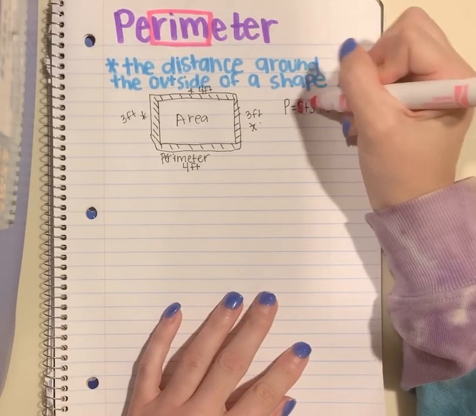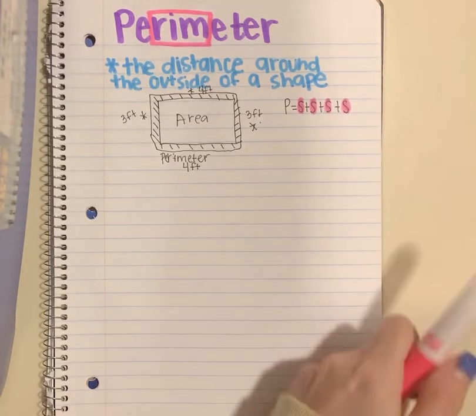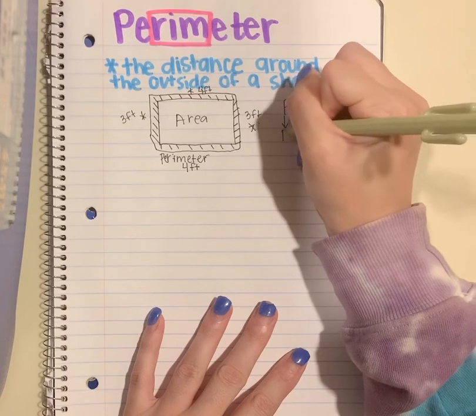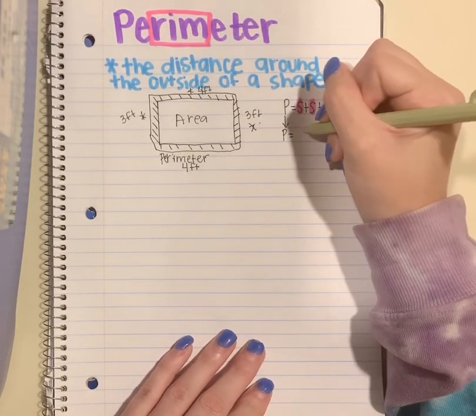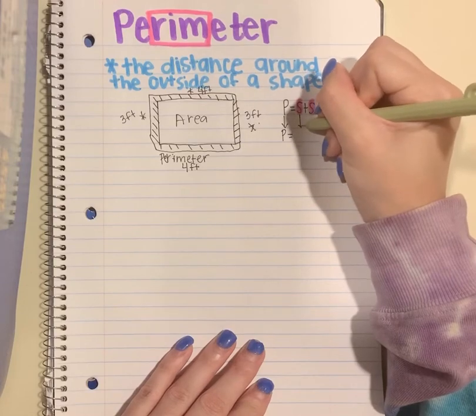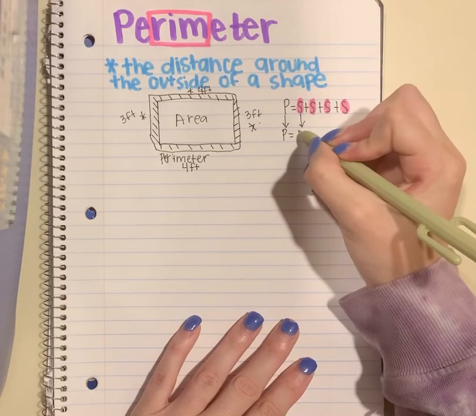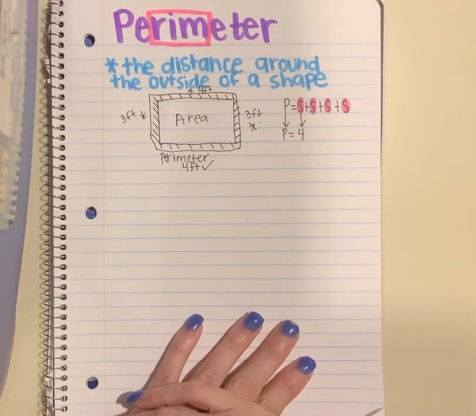So there are 4 sides being added together. And I always tell you guys to drop it down. If you're looking for the perimeter, okay, we don't know the perimeter, so we're going to write P equals. Do we know one of the sides? Yes, it's 4. So I'm going to write 4.